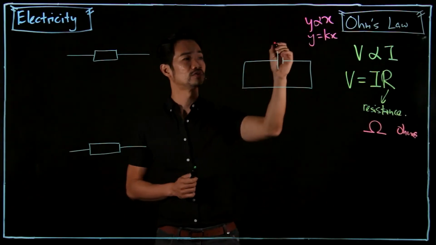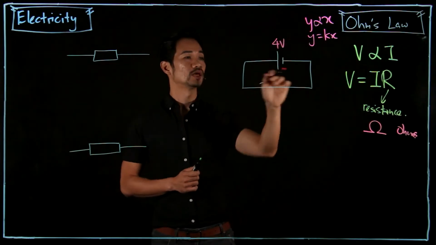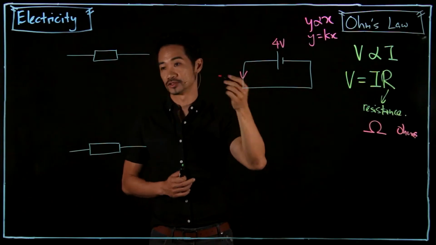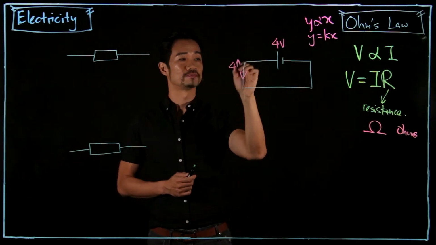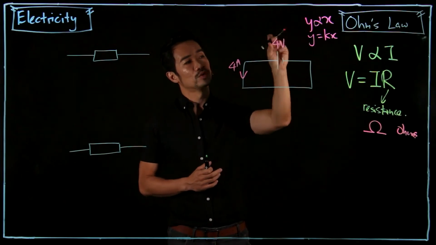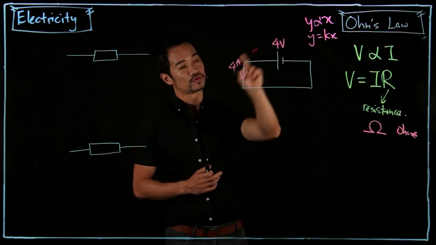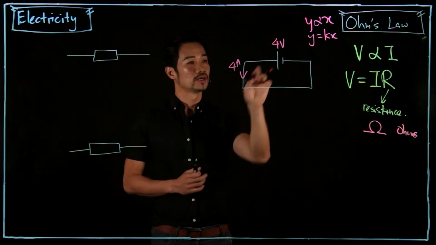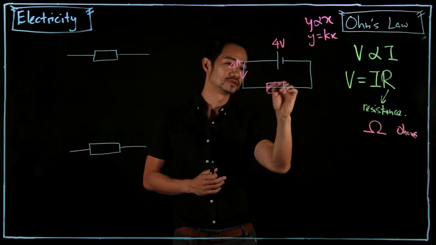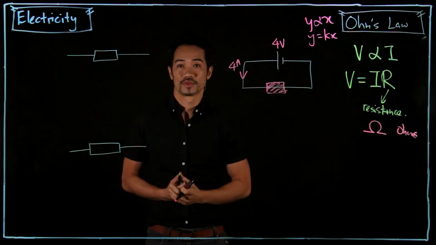So imagine if I have a 4-volt EMF powering a circuit, and the current flow, let's assume, is 4 ampere. So imagine a person eats 4-volt worth of battery running at a speed of 4 ampere. So what happens when I put an obstacle in the midst of the path?